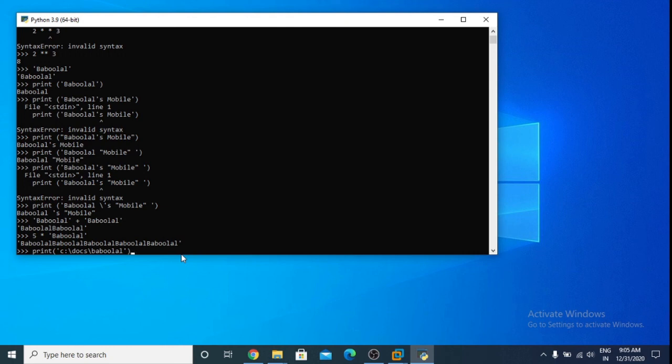So what do you think here? It's printed.